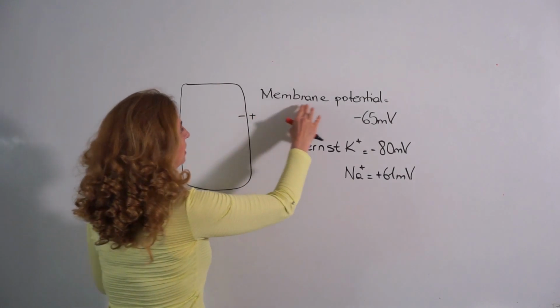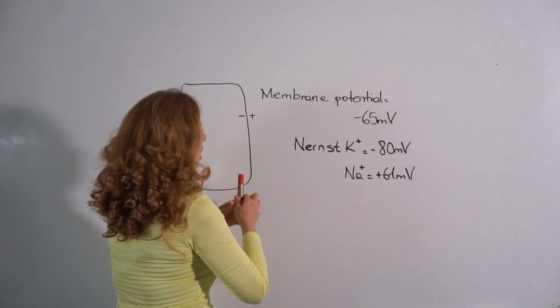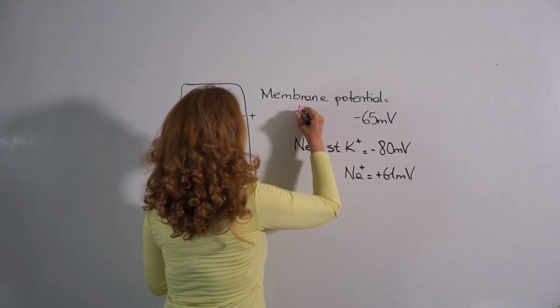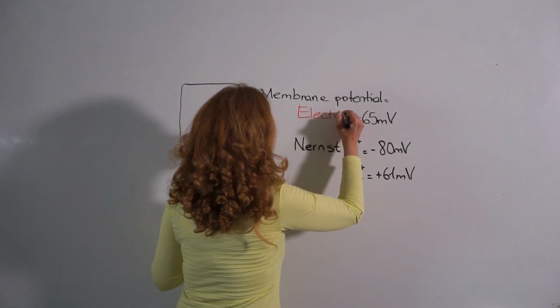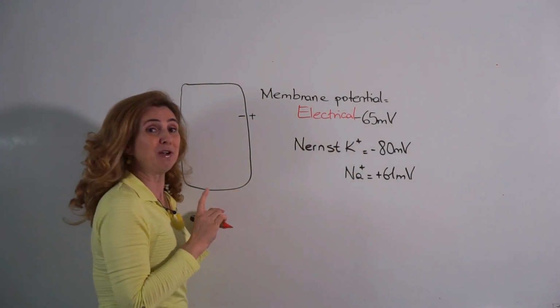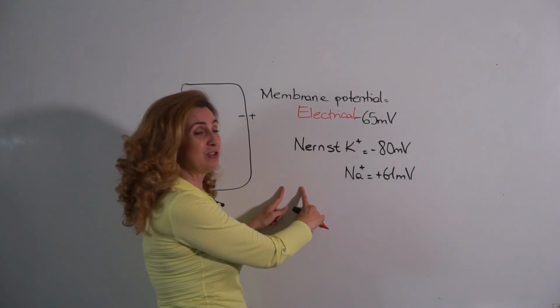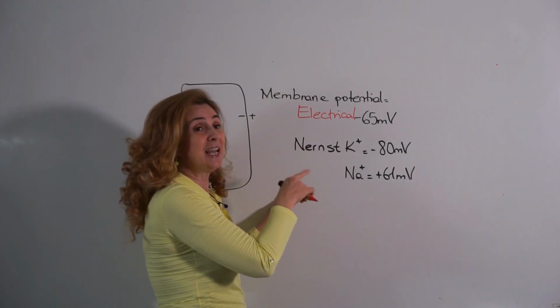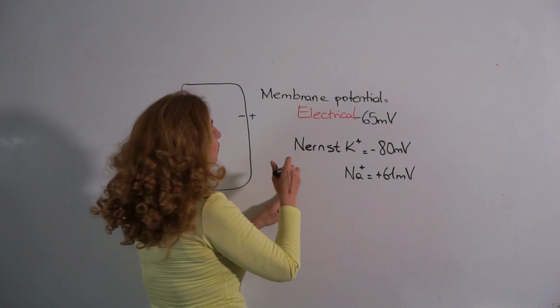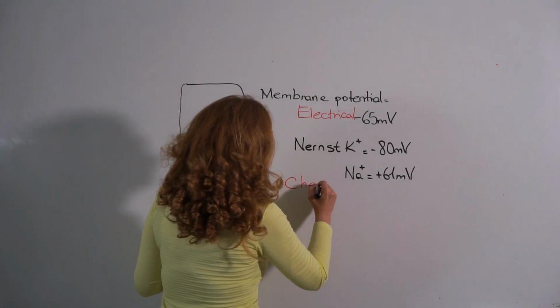So, membrane potential is going to be our electrical force. Be very careful here. Nernst potential is the electrical representation of our chemical force.